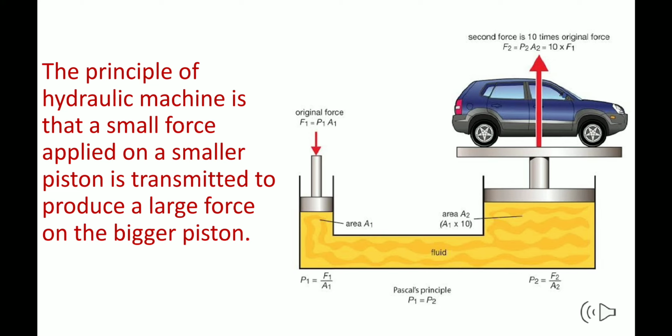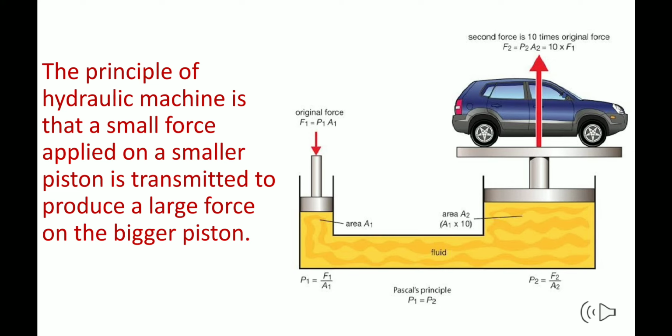So, here a small force which has been applied on a small area does such a big work that it is applying greater pressure over there. So we can see from here how a hydraulic machine is working.